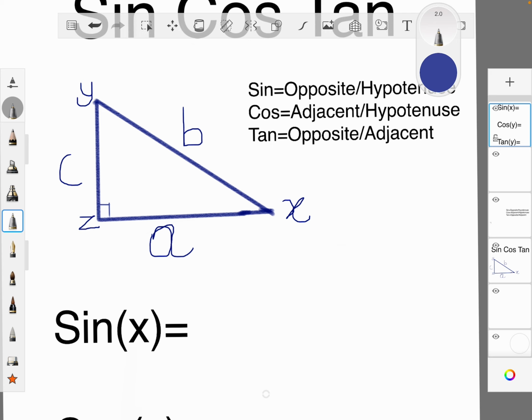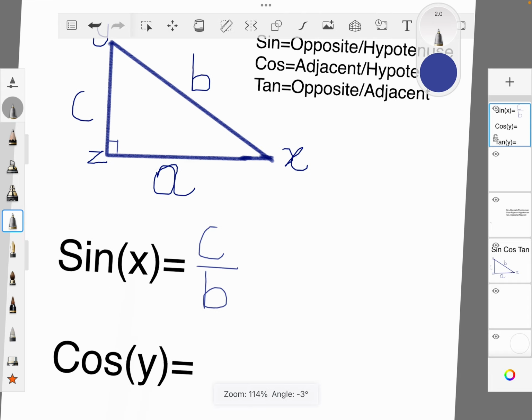So here, the opposite would be C. So we would write C at the top over the hypotenuse. The hypotenuse in this case is B. So sine x equals C over B, or C divided by B.